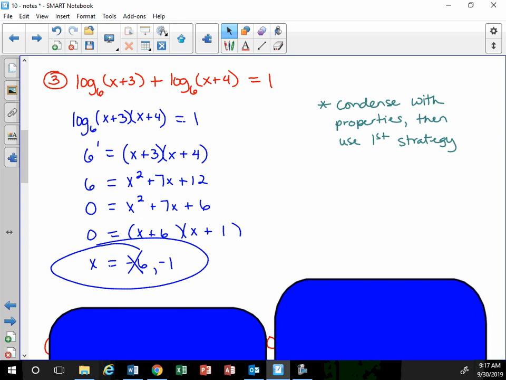You want to jot down a strategy, condense, and then you can use the first approach we use, where you're rewriting it as an exponential.